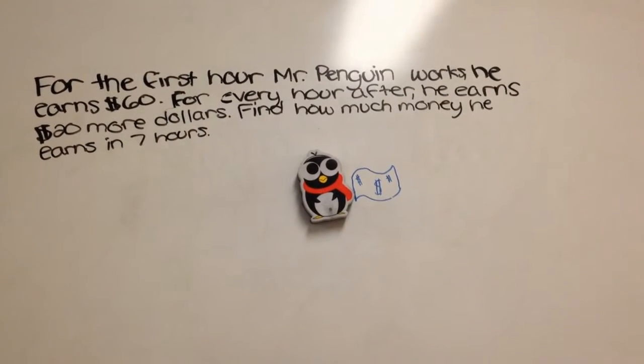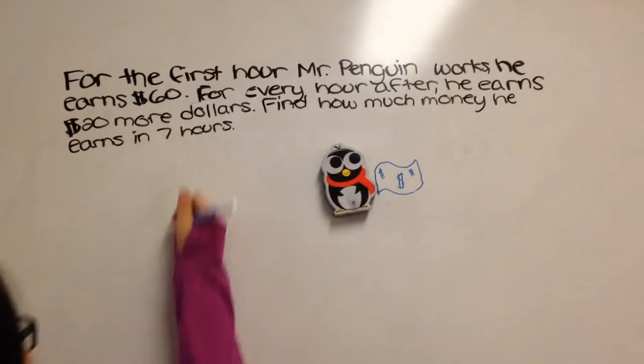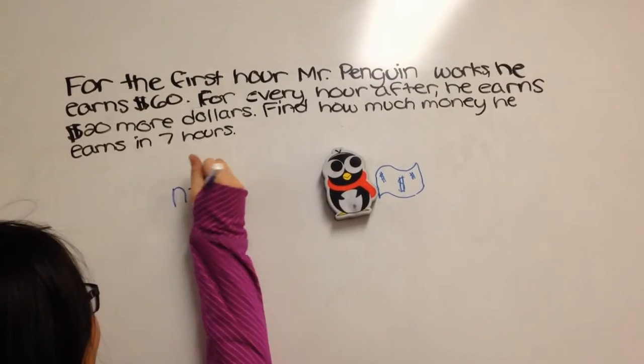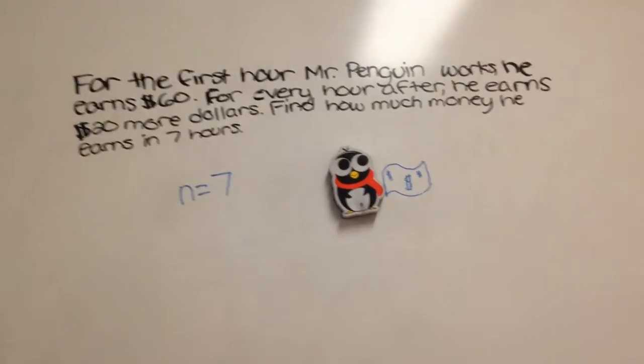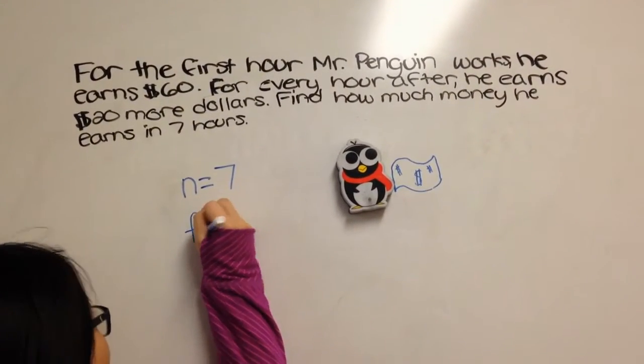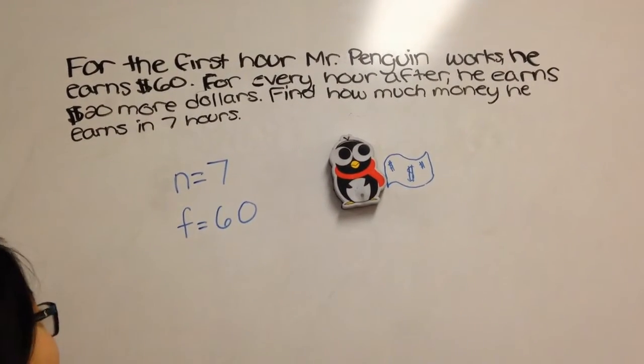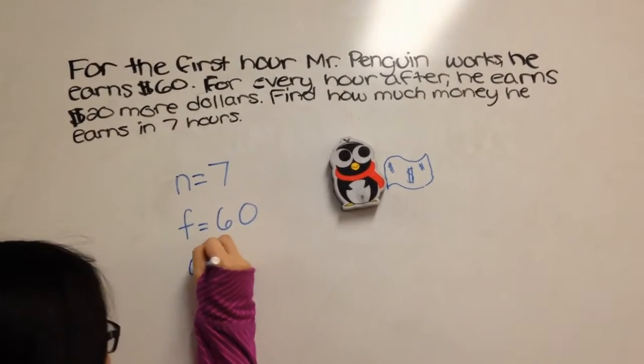To write the equation, you have to figure out what the variables are. For n, it would be 7 because you're trying to figure out for 7 hours. F would be 60 because it is the first number in the sequence. And D would be 20 because it is going up by 20 each hour.